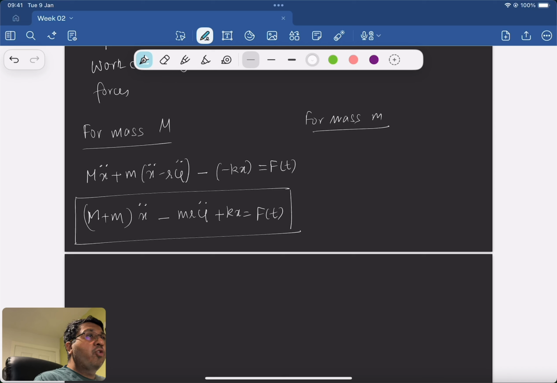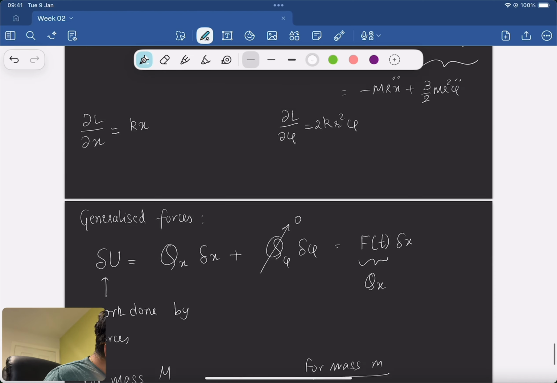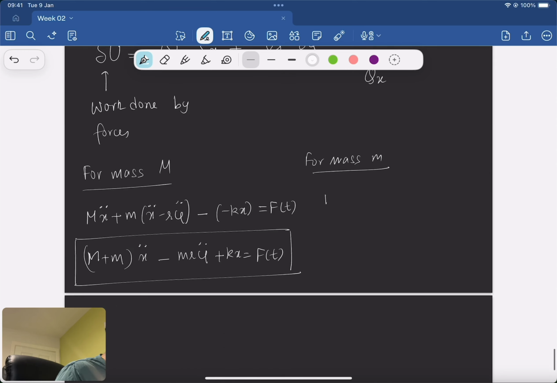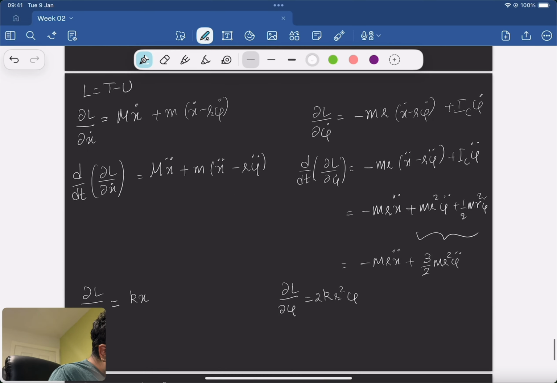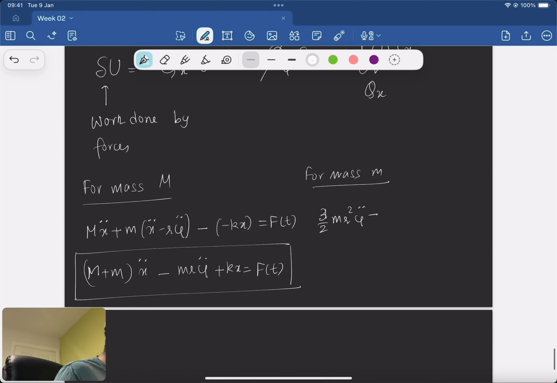Similarly, for the rotational motion of the top mass, I can write this as, I'm just copying so that I'm correct, 3 by 2 mr square phi double dot minus mr x double dot.